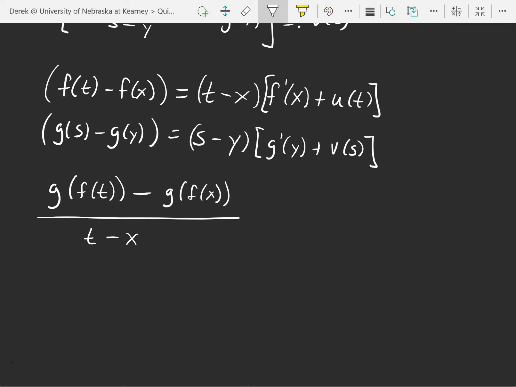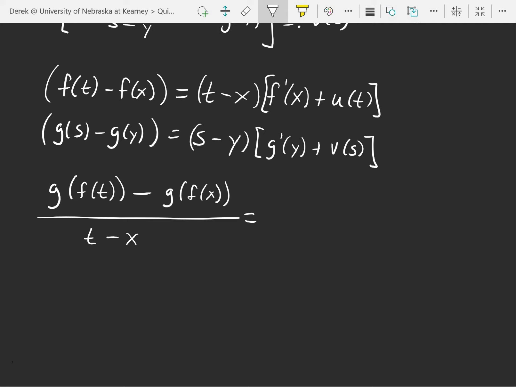So we want to see what this does as t gets close to x. We need to rewrite this. This is equal to, well, s here comes from t. So let's say s is equal to f of t here.